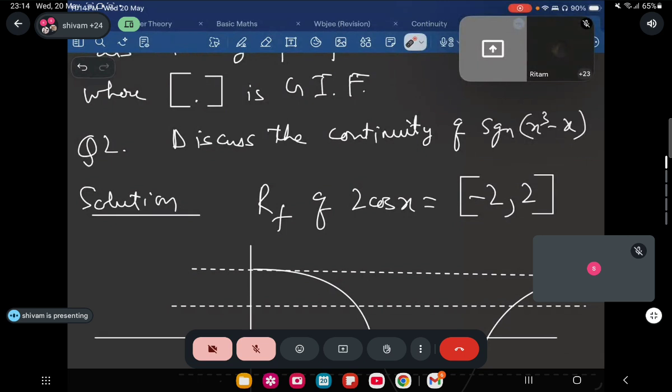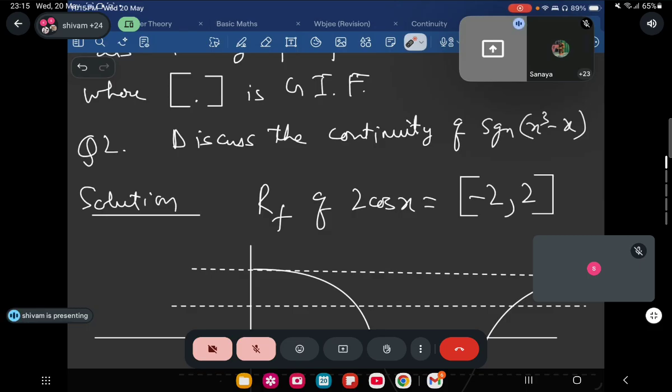Rishabh, right answer. Others also write your answers. Shinika, Ritam, Ronak, Sanaya, write your answers. Signum of x cube minus x. When will it return 0? I gave my answer. You have given it. Let's see. Shashwato, write your answers.